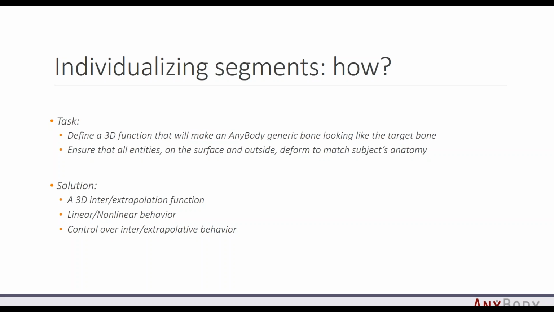If you think about that, we are talking about several volumes that should go from one state into another one. The solution for this kind of problem is a 3D inter- or extrapolation function. It can have a linear or non-linear behavior, and we should have some sort of control over the interpolative and extrapolative behavior.